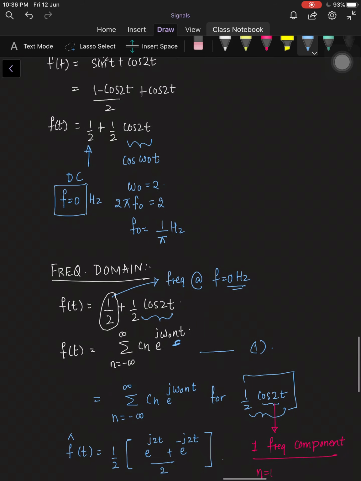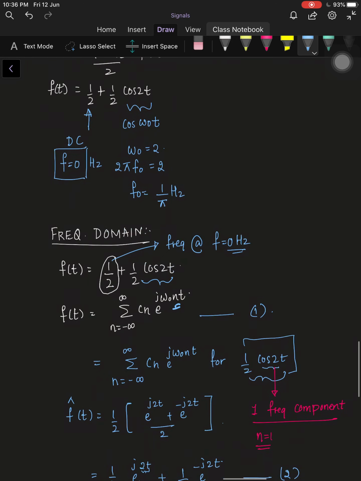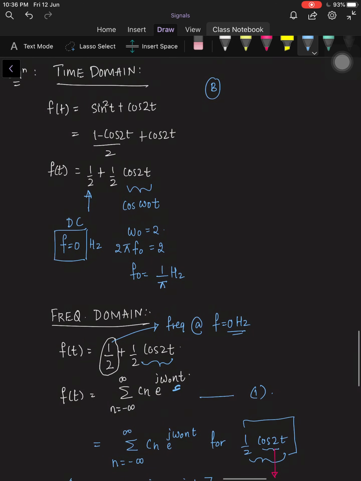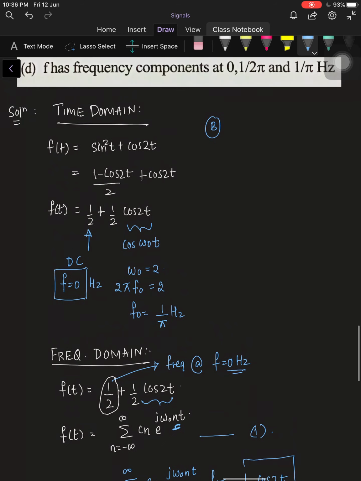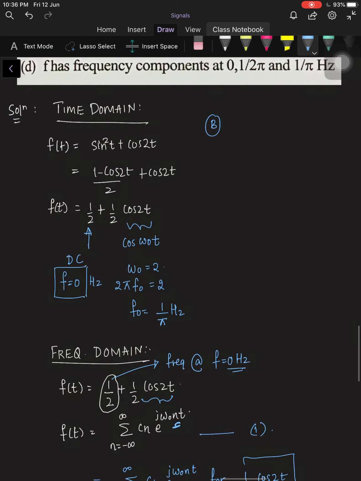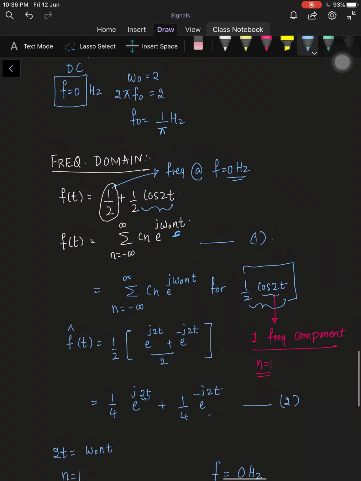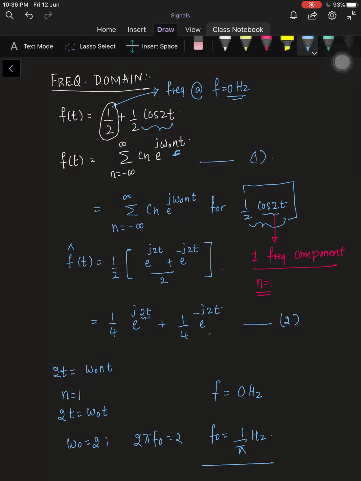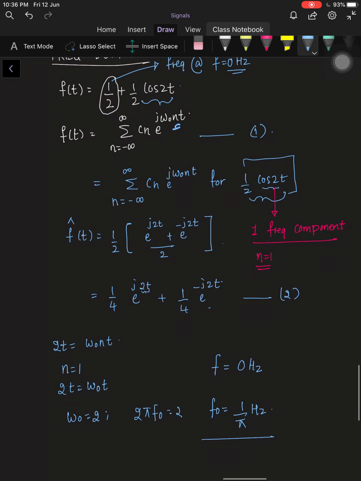So we solved the same question using the time domain approach and using the frequency domain approach. Now the emphasis on this question is the frequency domain. We can already solve it using the basic trigonometry that we know, but in the frequency domain we got to know how the given signal can be expressed in terms of its Fourier series coefficients, and taking any sinusoidal component, we came to know that it has only one frequency component, and therefore n should be 1 for this.